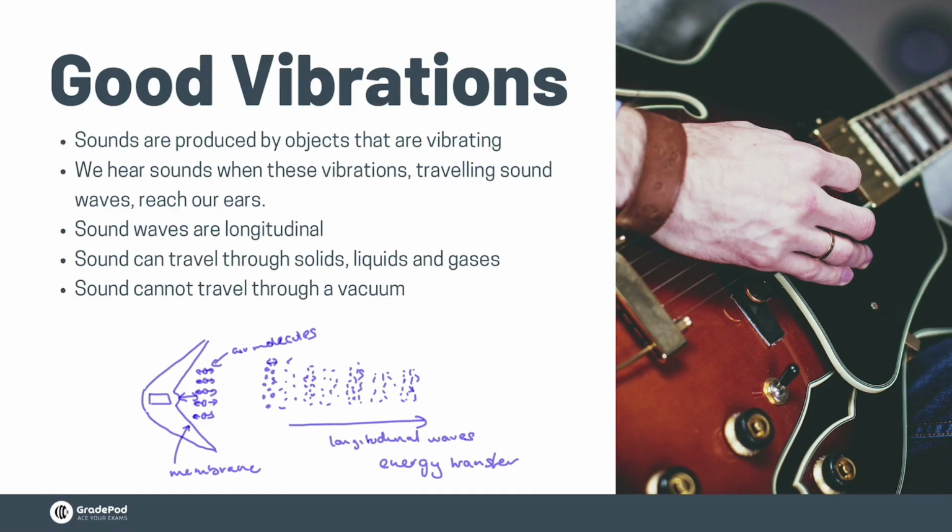All molecules, every single one of them, is vibrating back and forth, and it causes sections of high density called compressions and sections of low density called rarefactions. And these compressions and rarefactions reach your ear and cause the eardrum to vibrate at a certain frequency too.